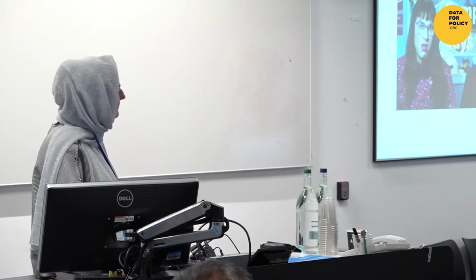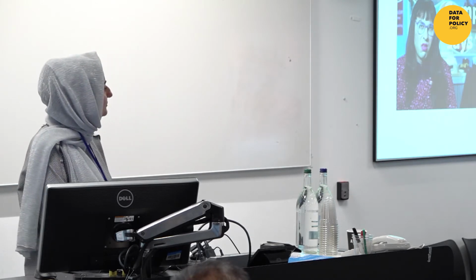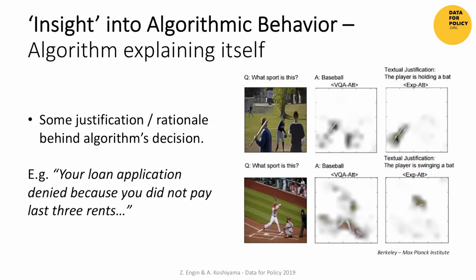This is a very popular example, I just put it in for fun. Basically, if you are making decisions based on what the computer says, if you have applied for a loan and you don't get it, if the computer says no, then that's it. You don't know what you can do about that.